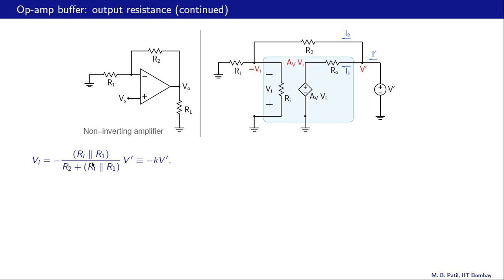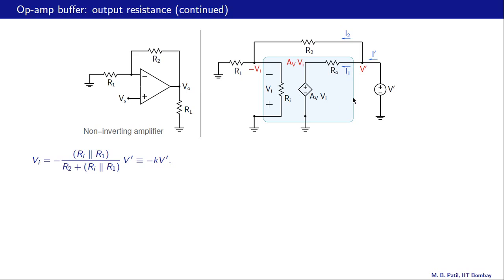And notice that Ri is a large resistance, the input resistance of the op amp, and therefore Ri parallel R1 is nearly equal to R1. So what we have over here is essentially R1 by R1 plus R2, and that fraction has been defined as K over here. As an example, let us say R2 is 9K and R1 is 1K, then this fraction would be 1K divided by 10K, or 1 by 10.